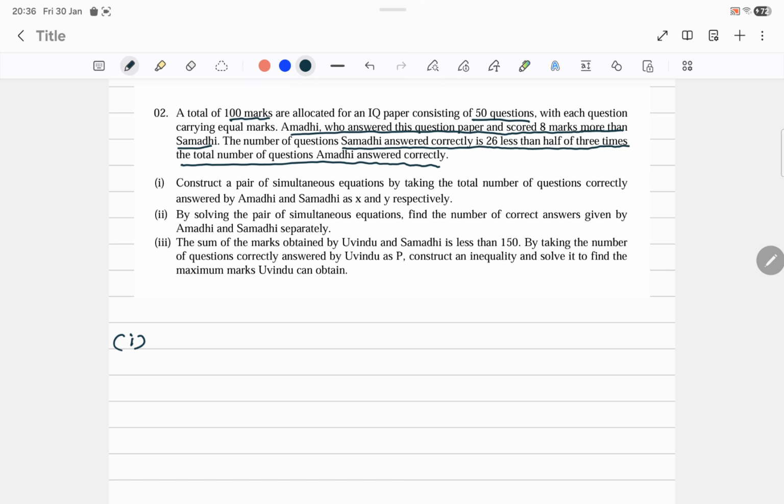First part: construct a pair of simultaneous equations by taking the total number of questions correctly answered by Amadi and Samadhi as x and y.